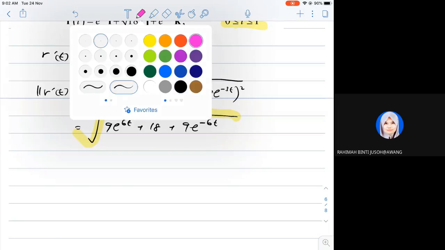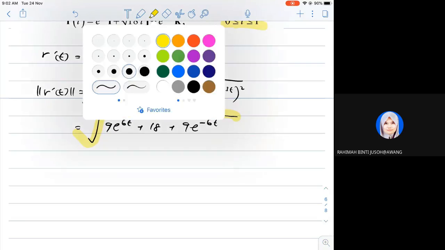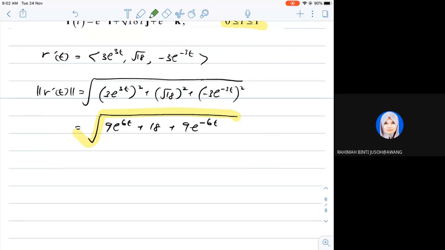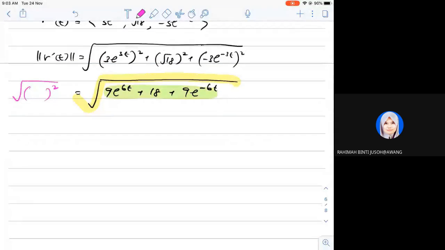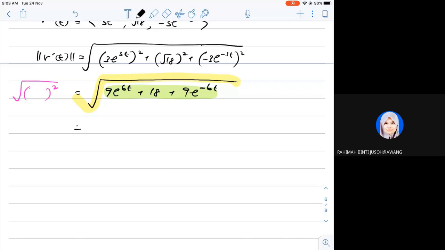The trick is that we need to make sure the inner terms here are written as a square, so we can cancel this square root sign later. So we have to simplify in terms of a square function.